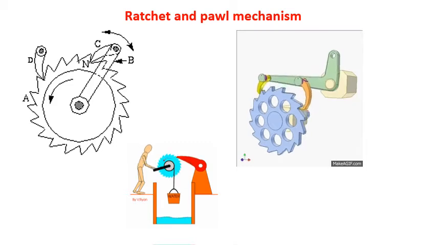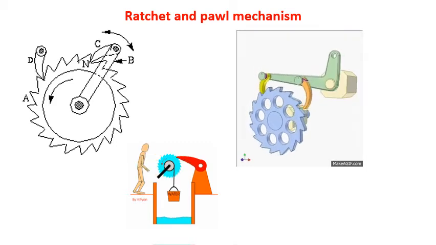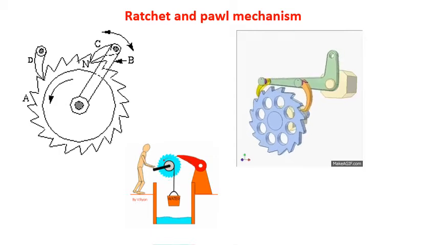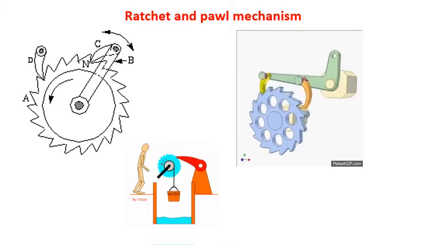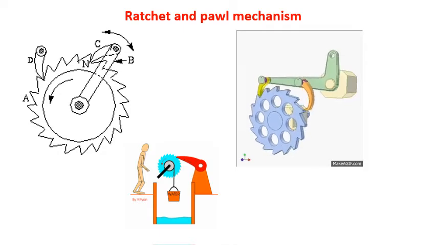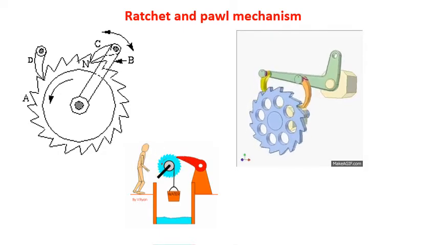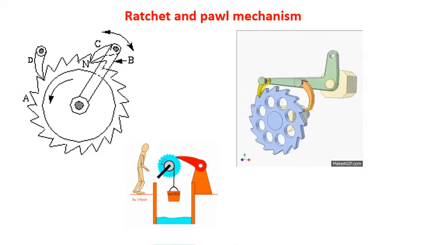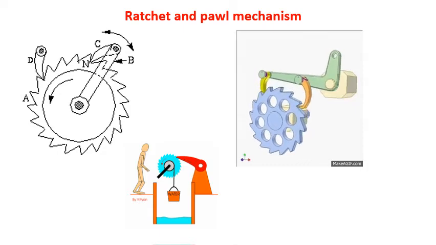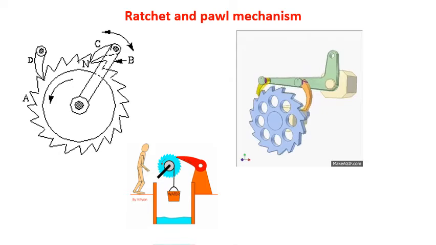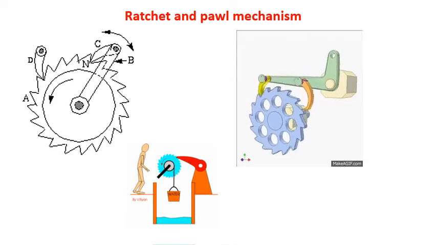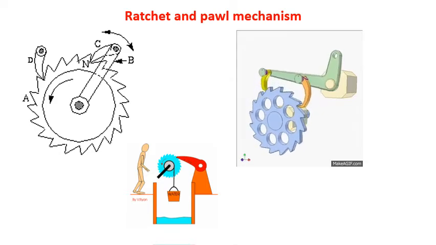In the figure, A is the ratchet wheel and C is the pawl. As lever B is made to oscillate, the ratchet wheel will rotate anti-clockwise with intermittent motion. A holding pawl D is provided to prevent the reverse motion of the ratchet wheel.